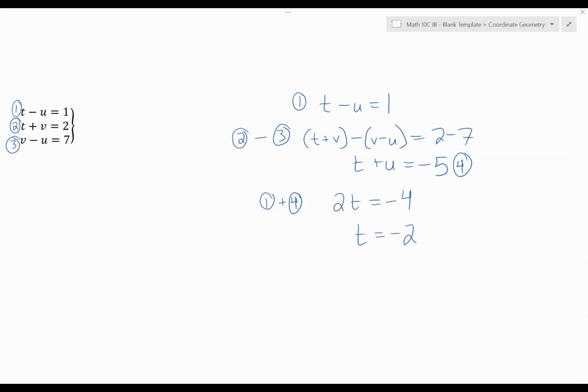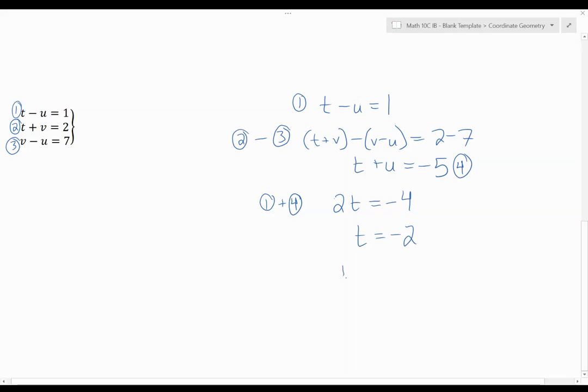If t equals negative 2, I can then go to, let's say, equation 1, negative 2 minus u equals 1, which means that negative 3 equals u. And then finally, I go back to one of my equations that uses either t or u in order to calculate v. So I'm going to go to equation 2. Equation 2 tells me that t, which is negative 2, plus v equals 2, which means that v equals 4.